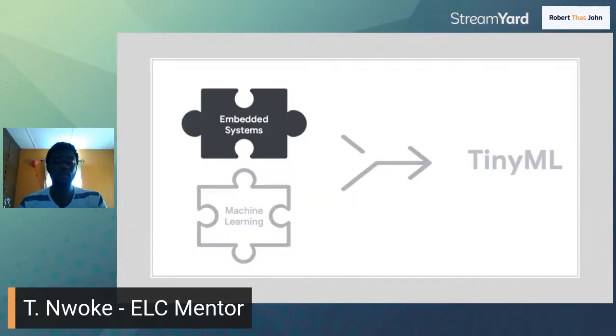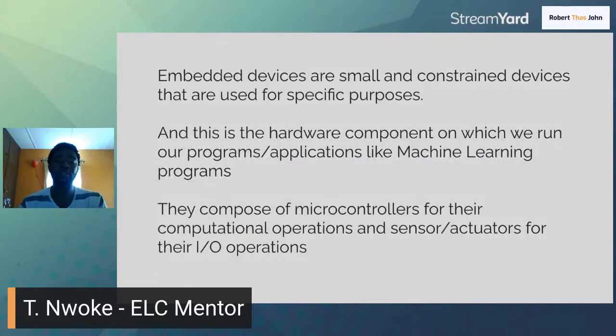So let's take first the embedded systems. Embedded systems are small and constrained devices that are used for specific purposes. If you come from an IoT or embedded systems background, you have most likely played around with embedded devices. You know that they are really small, tiny devices that can fit in almost anything.